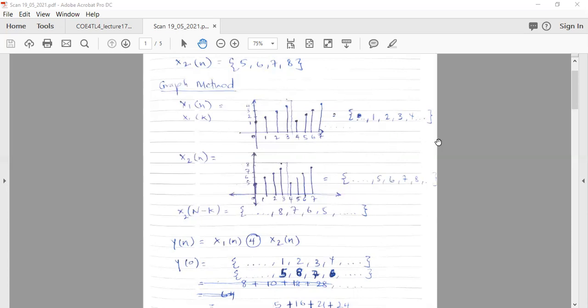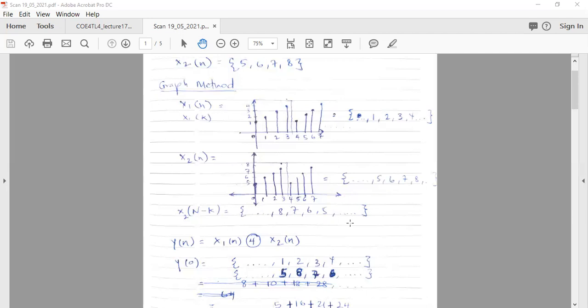You keep one of the sequences as it is, and the other sequence you flip. So if we flip this sequence given as 5, 6, 7, 8, it gives 8, 7, 6, 5. And if it were a periodic part, again it would start from 8, 7, 6, 5, and so forth. That is what I've done here.